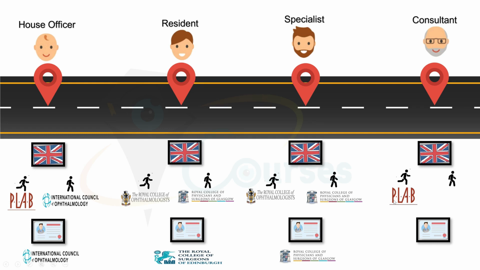But if you are seriously considering applying for a permanent consultant post, you want to be a permanent consultant in the UK, and you feel that you are getting more experience than the junior level or middle grade jobs, then the best will be the Royal College of Ophthalmologists exam.